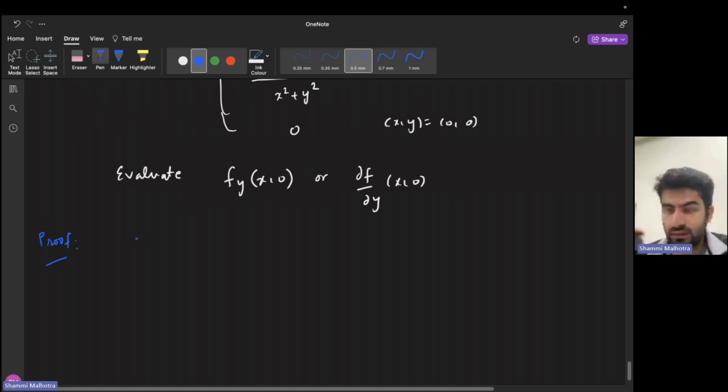So my function is this. How do we calculate the partial derivative with respect to y?